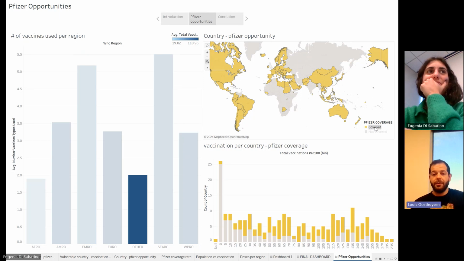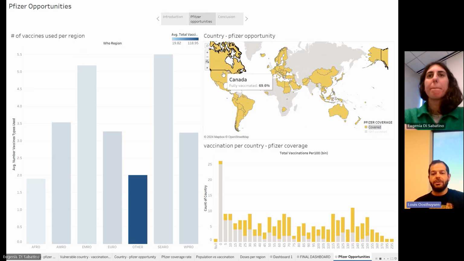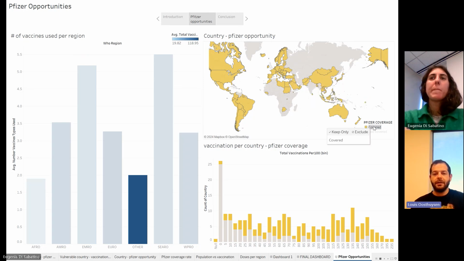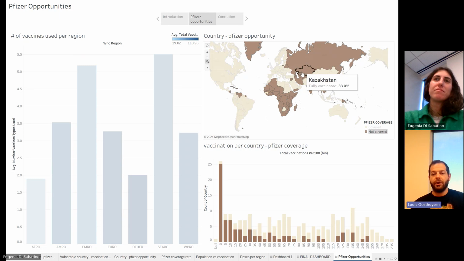Additionally, from the map, we can also infer that countries with favorable regulatory environments and government support for vaccination campaigns are likely to provide better market conditions for Pfizer's expansion. Therefore, it is crucial for Pfizer to collaborate with governments and health authorities to navigate regulatory challenges and ensure smooth market entry.